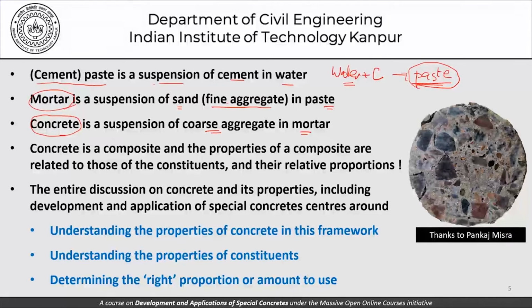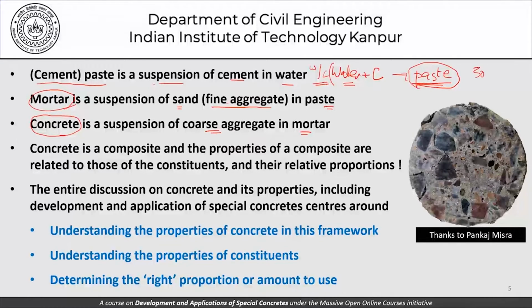That will depend upon the amount of cement you add to it. Having said that, paste is still a reasonably flowing material, depending on what water to cement ratio you use. Those of you who have done tests of standard consistency or setting time of cement know what kind of paste we have at about 30%.